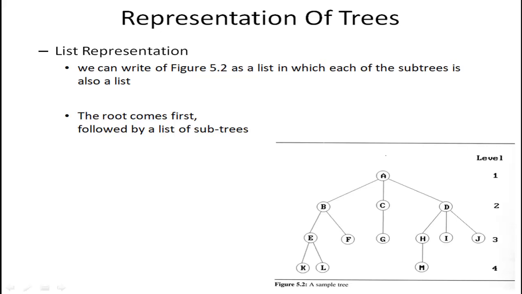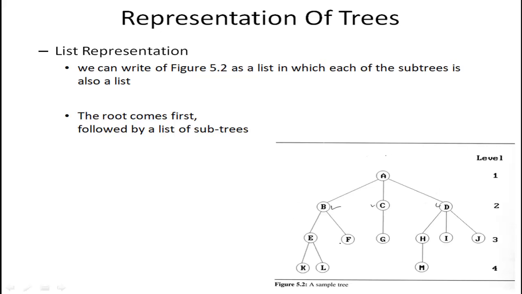Now one representation of tree was this tree here which you have already seen. There is one top designated node which is called a root. Then these are child nodes which are connected to the root, and then further at the end, these are called leaf nodes, and so on.